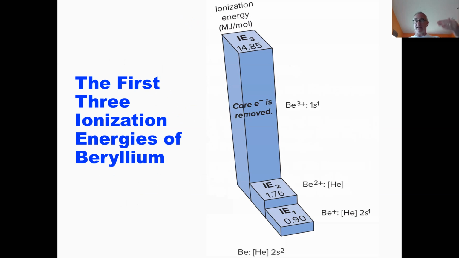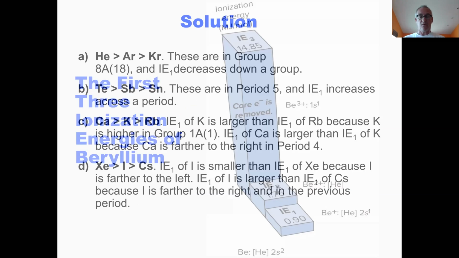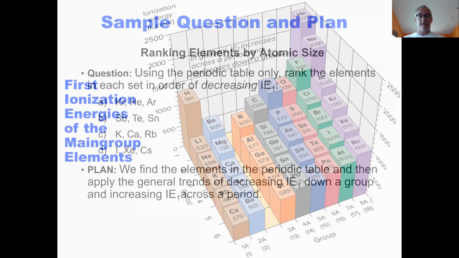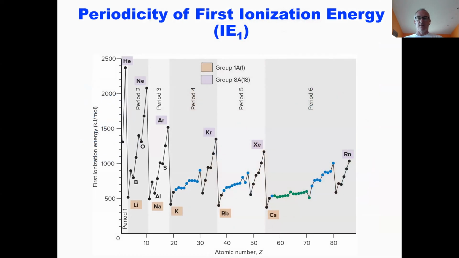We've already noticed that for the first group, the alkali metals, it's pretty easy to steal that first electron, right? As we go across, they all have one valence electron. The rest are all core electrons, and it's really easy to take it. Very, very low energy required to take that electron.